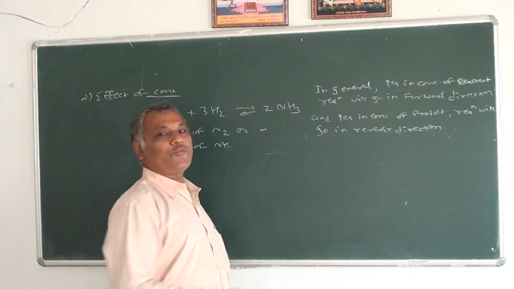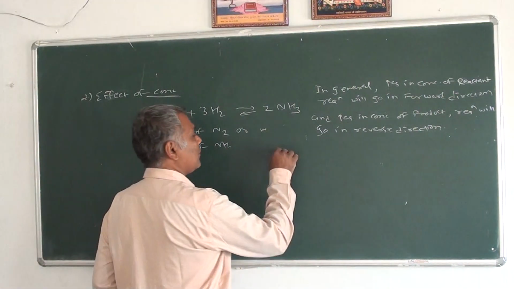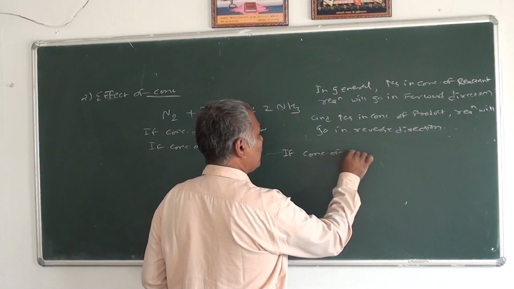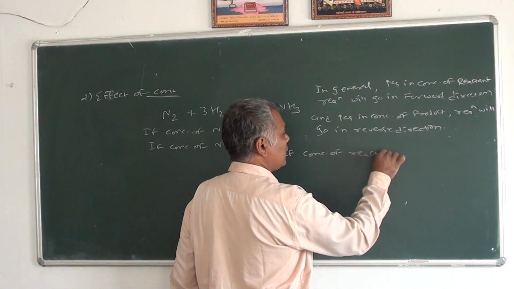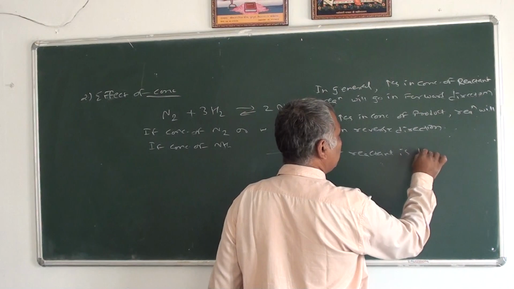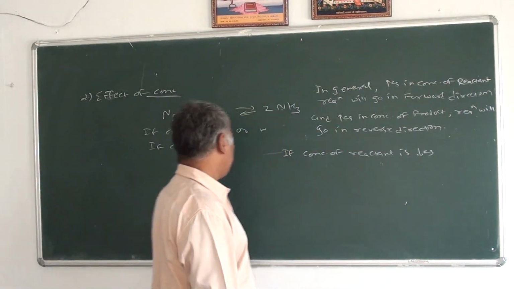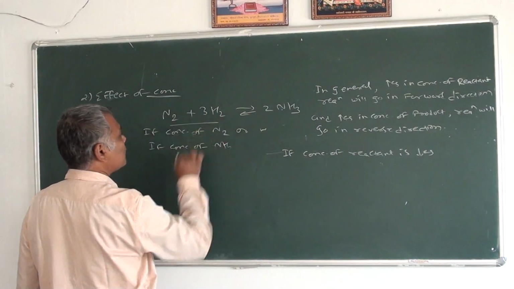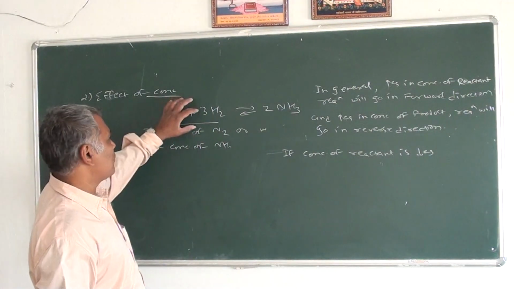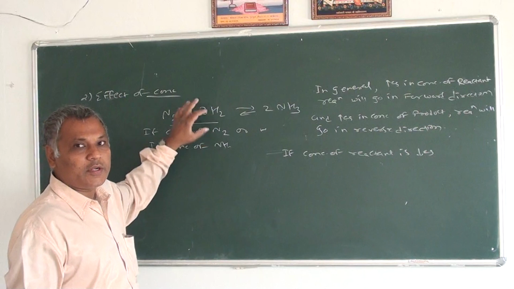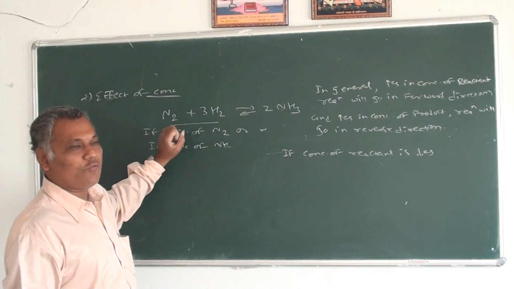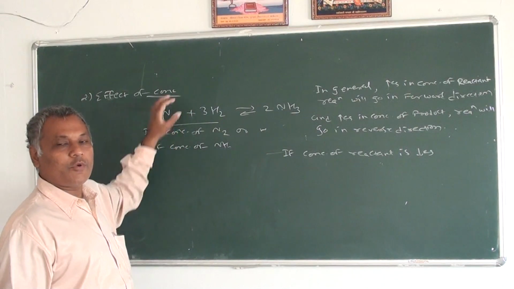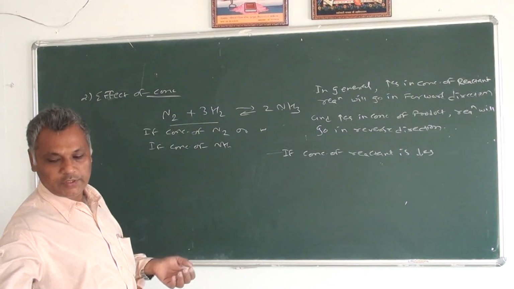Now vice versa for it. If the concentration of reactant is decreased, that means for this reaction, this value is decreased. If these things are removed from the container where the reaction is proceeding, what will happen? It will try to produce that component because they are removed. So it wants to increase that component.